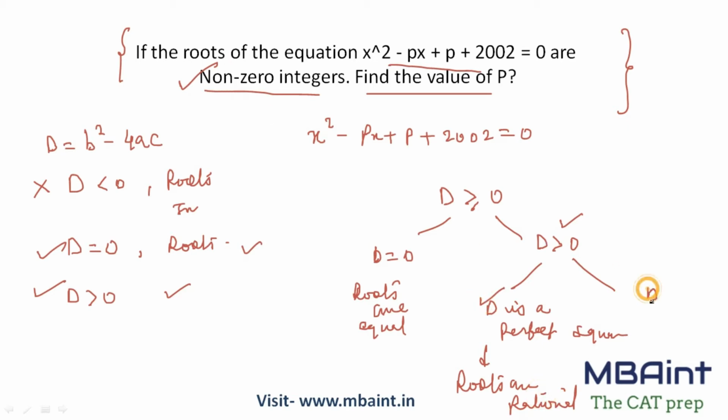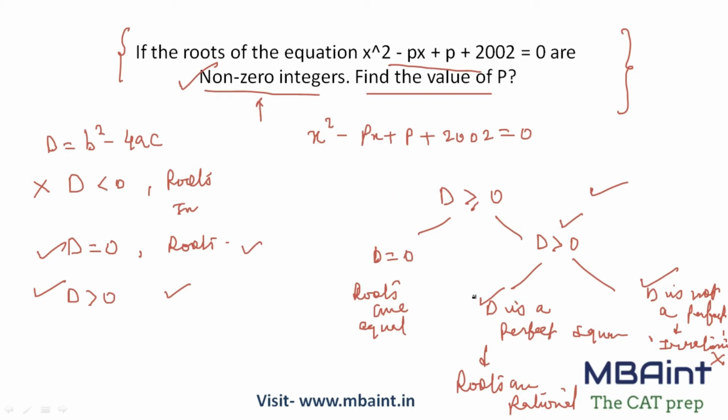But when D is not a perfect square, the roots are irrational, and this case won't be possible here because the roots should be non-zero integers. Now guys, if you're making a note of it, make sure you pen down these things because these small questions will help you.